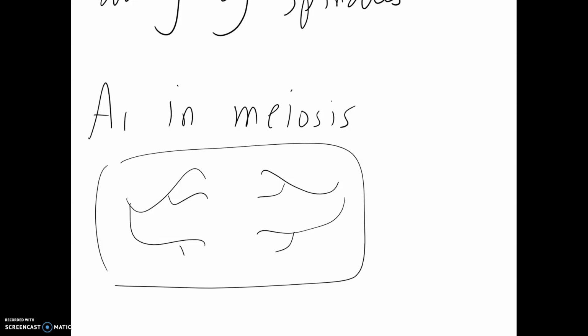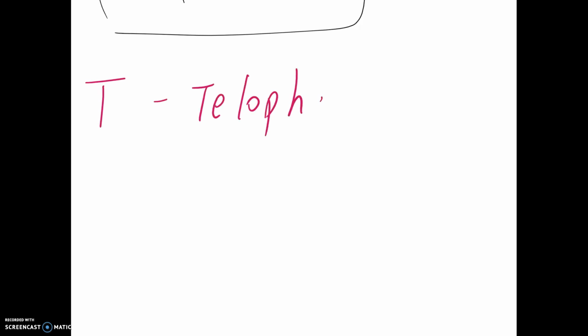So let's look at the T. T is telophase, and in this phase you make your final stage, where the cytokinesis helps to make up your final phase, where mitosis and meiosis come to the end.